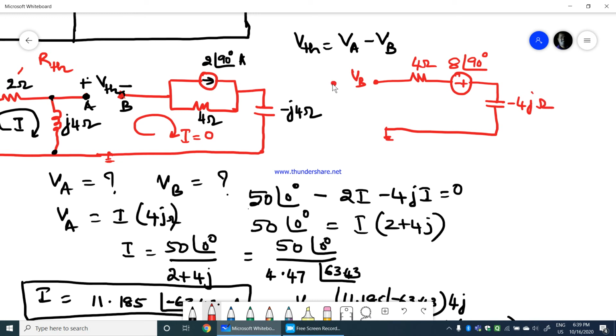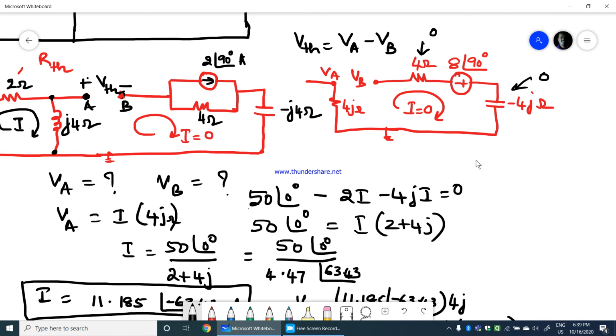And this is another part of the circuit where VA is there and 4j ohm is connected. Now if you look properly, I is 0. As this is open, I equals 0, the voltage drop across 4 ohm equals 0, and the voltage drop across minus 4j is also 0.